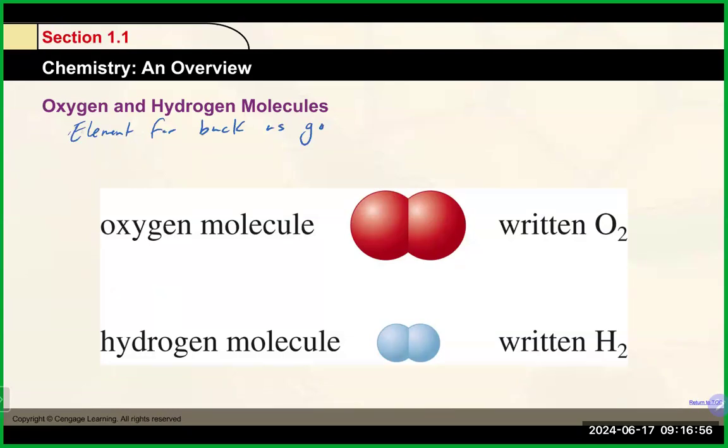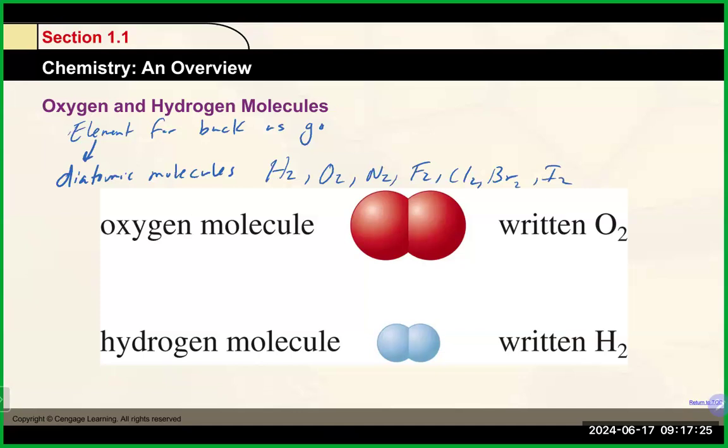But there are certain elements that come as diatomic molecules. And diatomic molecules means pretty much what the name sounds like. Di means two, atomic means atoms. So they are two atoms that are together. For example, hydrogen, the way it naturally comes is as a two, oxygen, nitrogen, fluorine, chlorine, bromine, iodine. These guys are all elements, and this is naturally how they come.